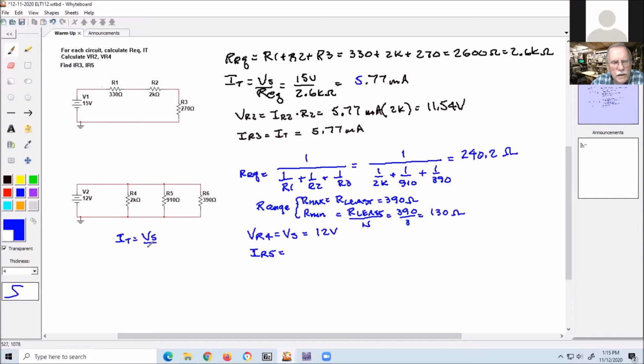IT is always VS over REQ. So I have 12 volts divided by 240.2, which is 49.96 milliamps.